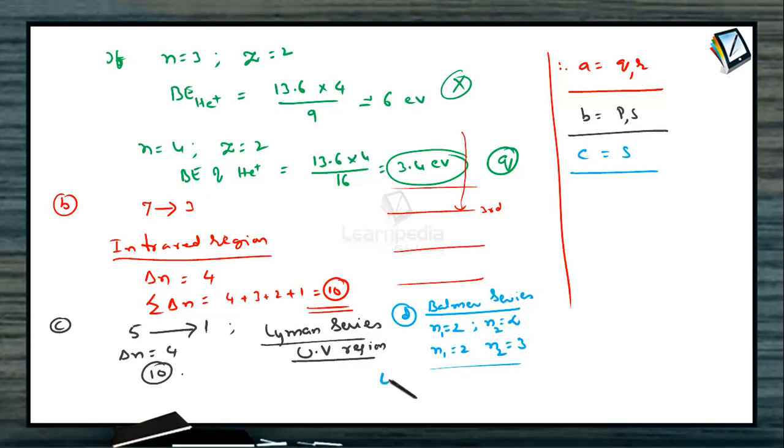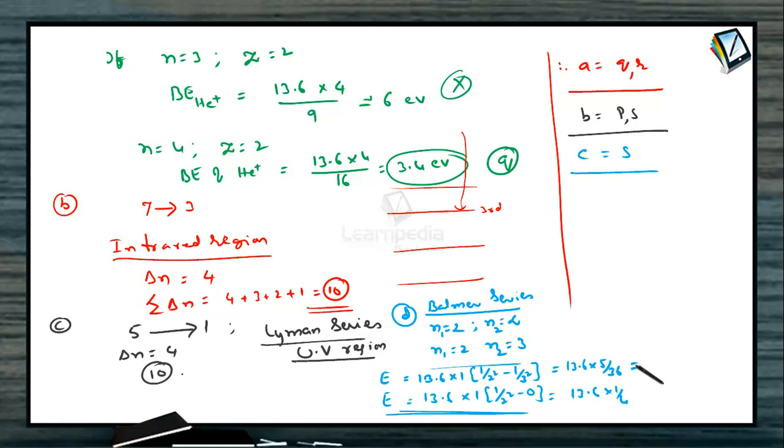The energy E is given by 13.6 into Z square, for hydrogen Z is 1, into 1 by 2 square minus 1 by 3 square, which is 13.6 into 5 by 36. The other case is 13.6 into 1 by 2 square minus 1 by infinity square, which is 0, so 13.6 into 1 by 4.